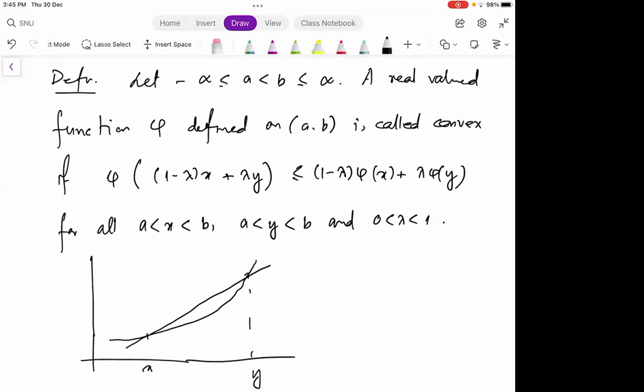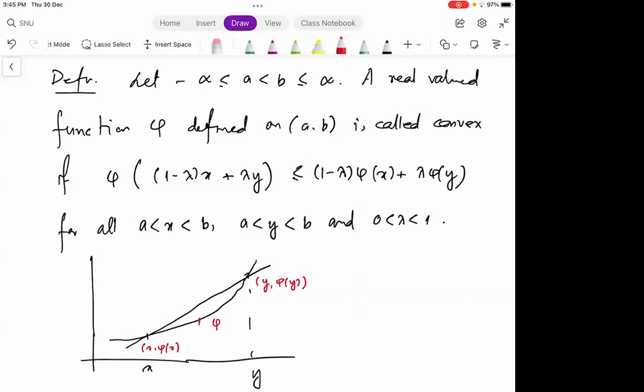So what's being said is, at a point in between, say here, the value of the function, so this is phi, the value of the function is actually below the straight line joining the points (x, phi x) and (y, phi y). Is that clear? Yes, sir.